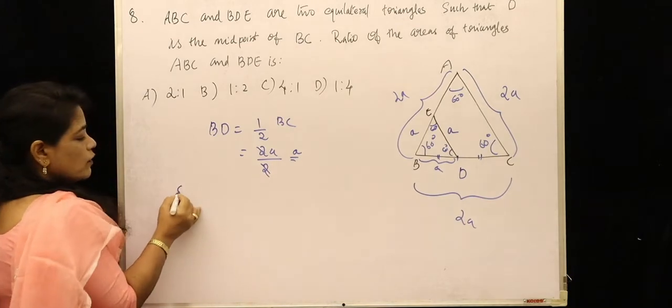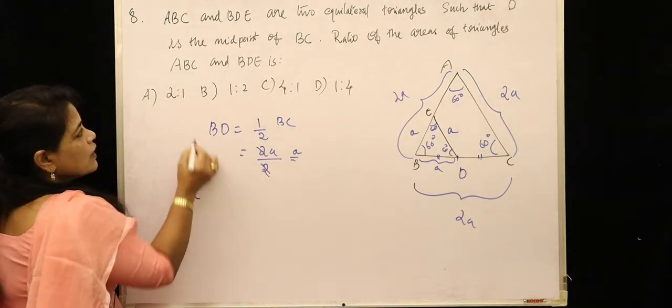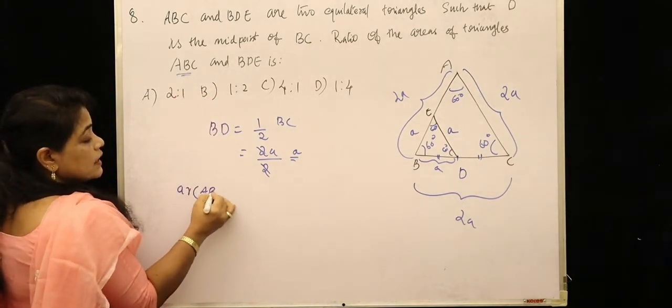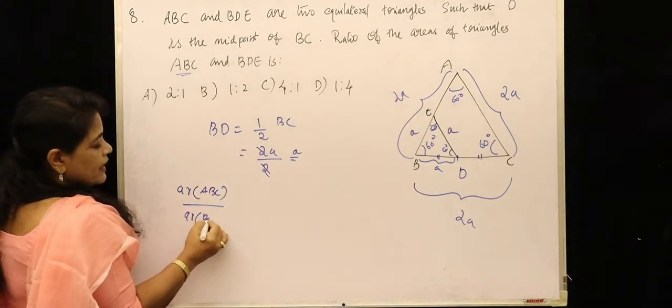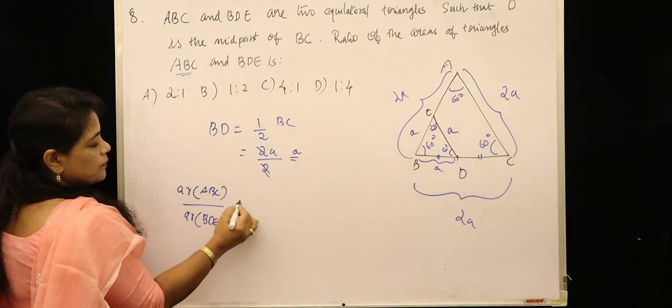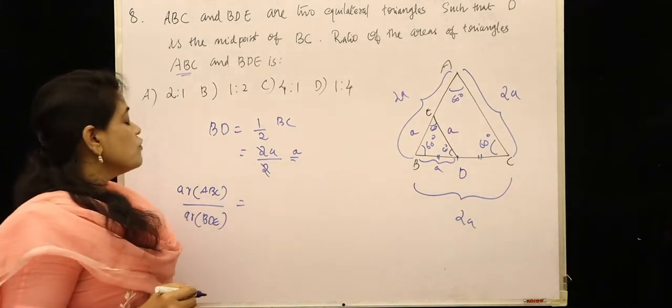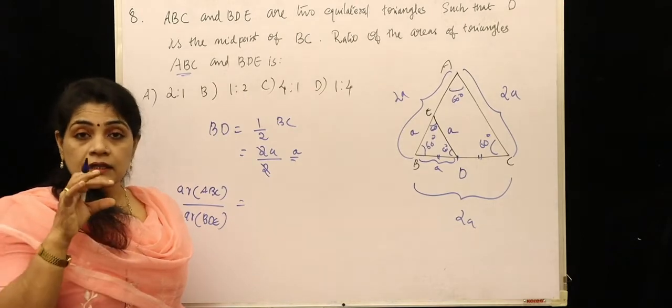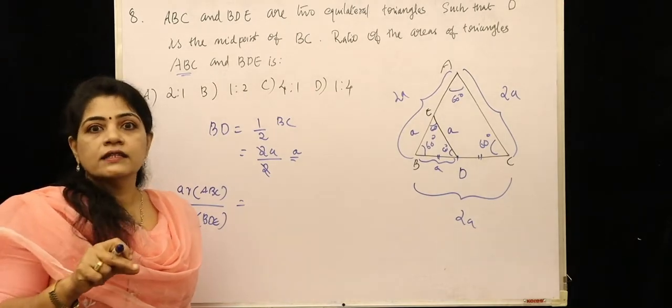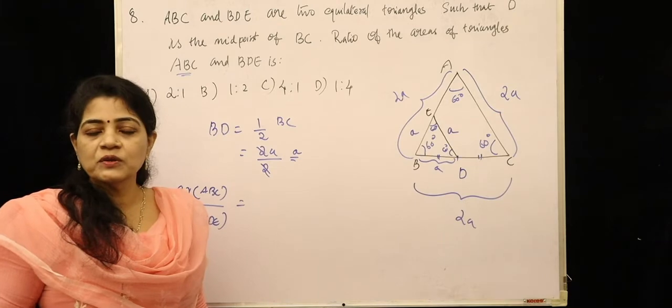Okay, so we have to find the ratio of the area of triangle ABC first. In a ratio you have to keep that order properly, with the area of BDE in the denominator. Okay, what is the area of triangle ABC? Being equilateral, these two triangles are similar, so you can again apply the area ratio theorem.